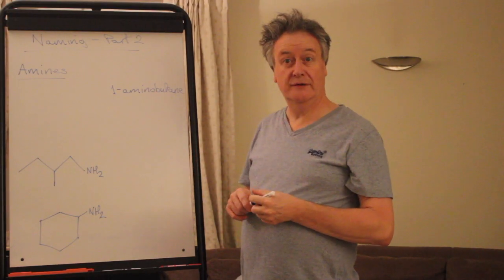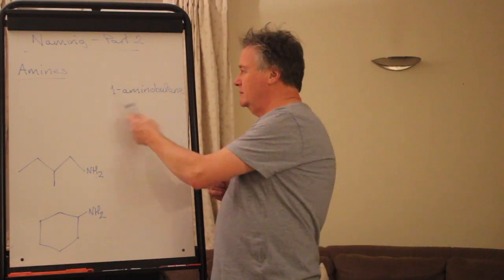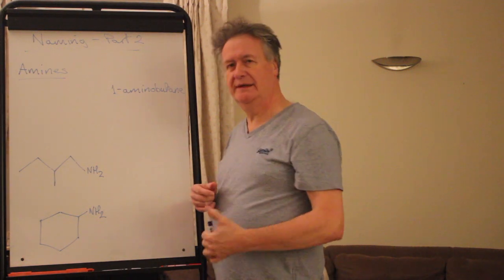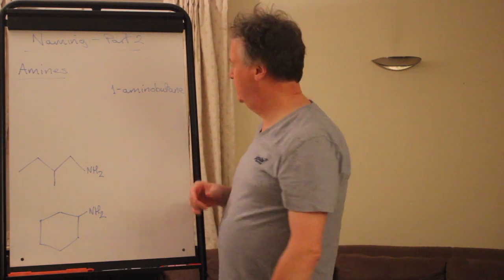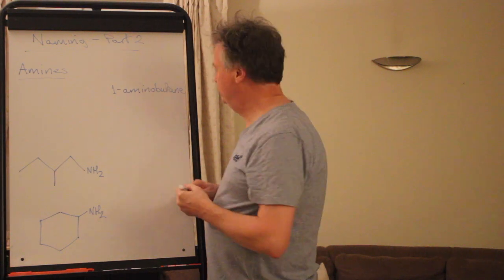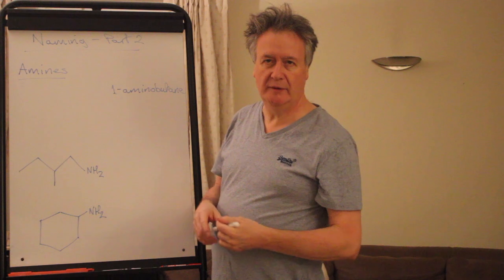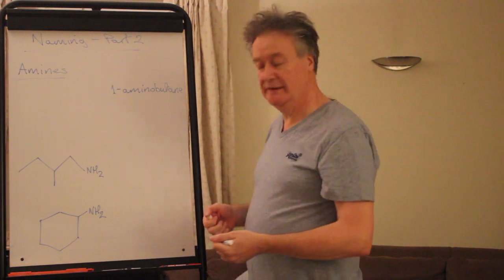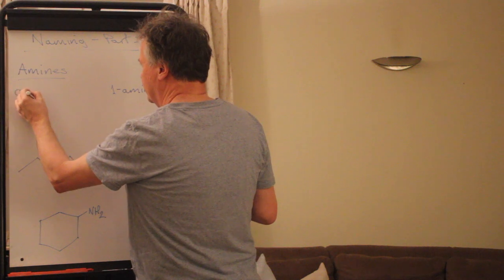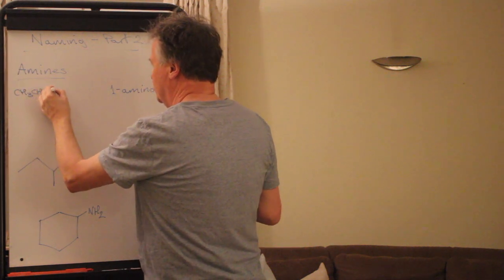Amines, next functional group. So I'll do it the other way around because it's better to do both. 1-aminobutane, that is the way you put the name together. So amino means NH2. We obviously now know what butane means because we mustn't forget these things.